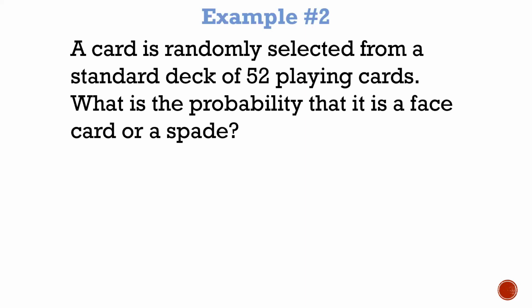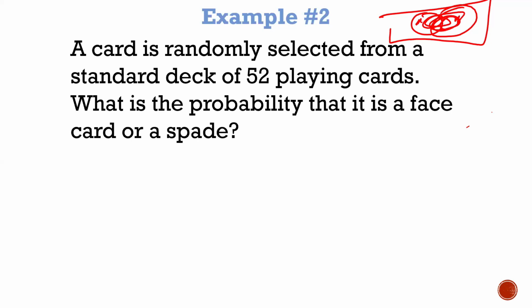I want to find the probability that it is a face card or a spade. The word "or" — does that talk about the union or the intersection? Here's the union of two circles. Am I in A and B, or A or B?